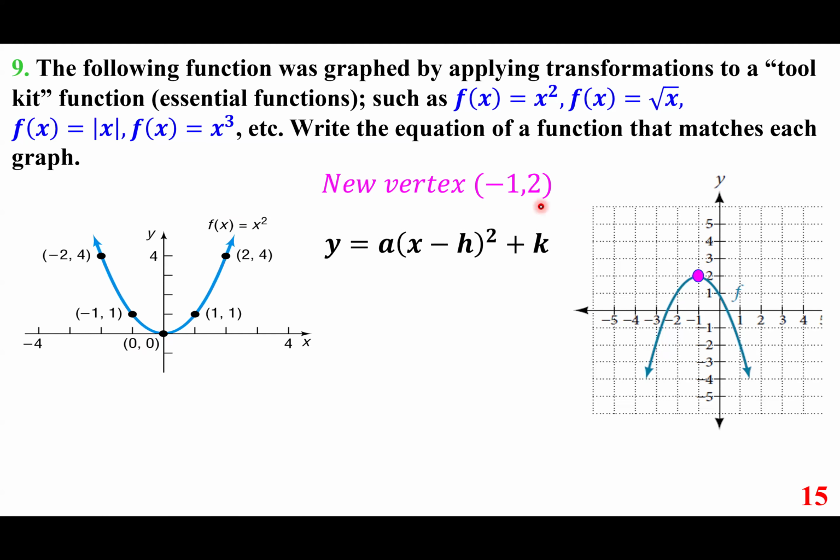And we have, I hope everybody remembers this, y equals a times (x minus h) quantity squared plus k. So whenever you have the vertex, it makes it pretty easy to find the equation. So the vertex is -1, 2. So this would be y equals a times (x minus -1), which makes it plus 1, quantity squared, plus k, or plus 2.